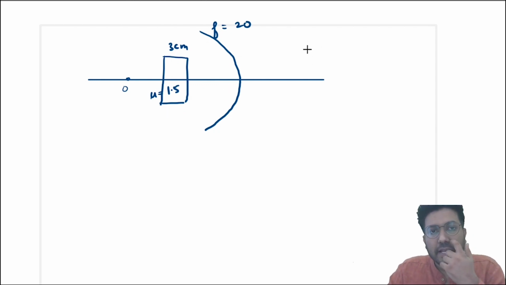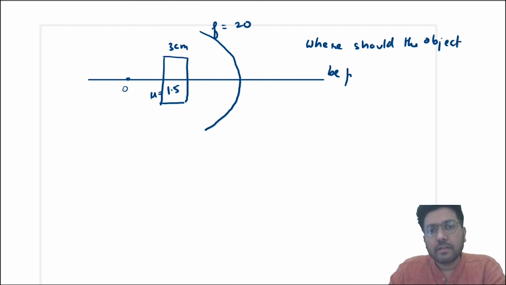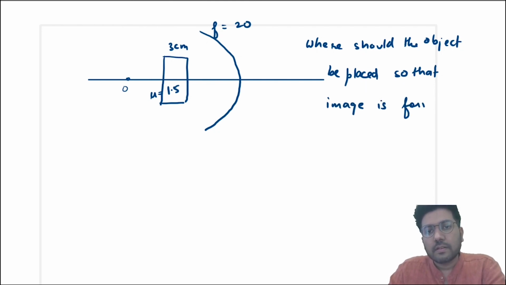So they can ask you where should the object be placed so that image is formed on the object itself.